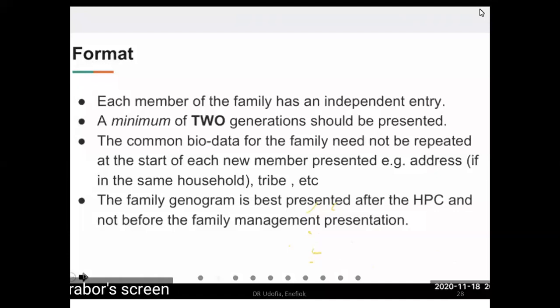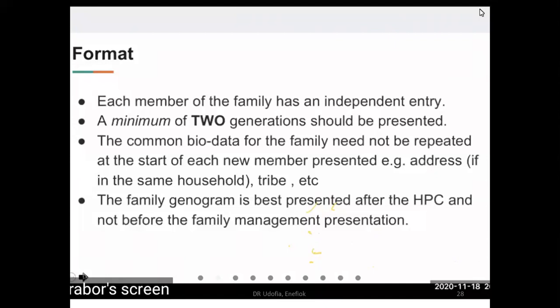Then you make a report. Then another one, the same thing. A minimum of 2 generations should be presented. We've said that before. And the common biodata for the family need not be repeated. For example, address, you don't need to repeat that. Those common things should not be repeated if they are the same household, the tribe.